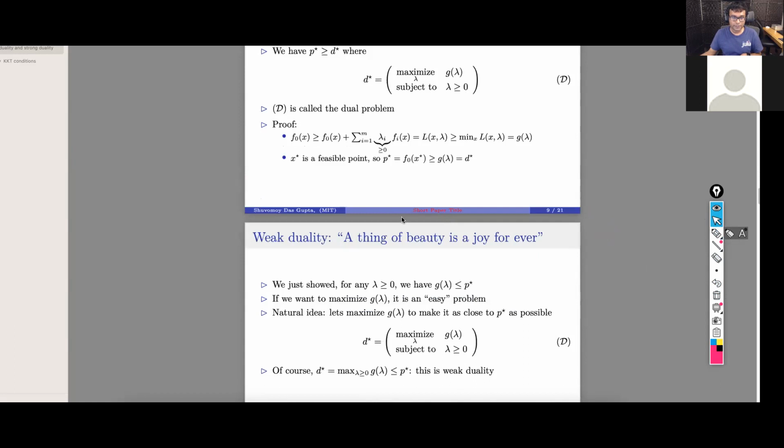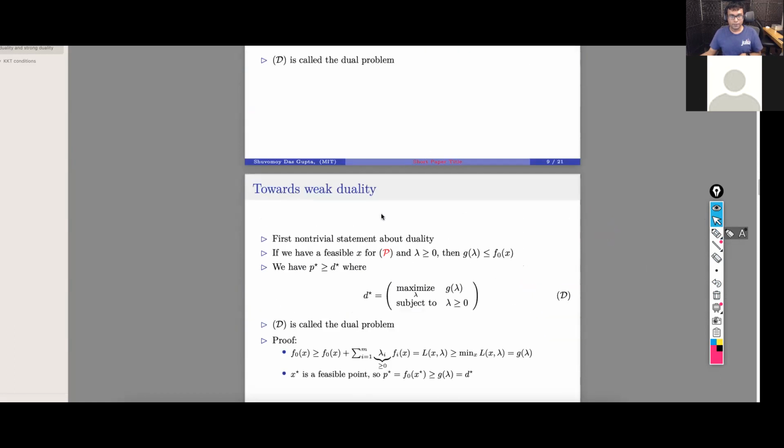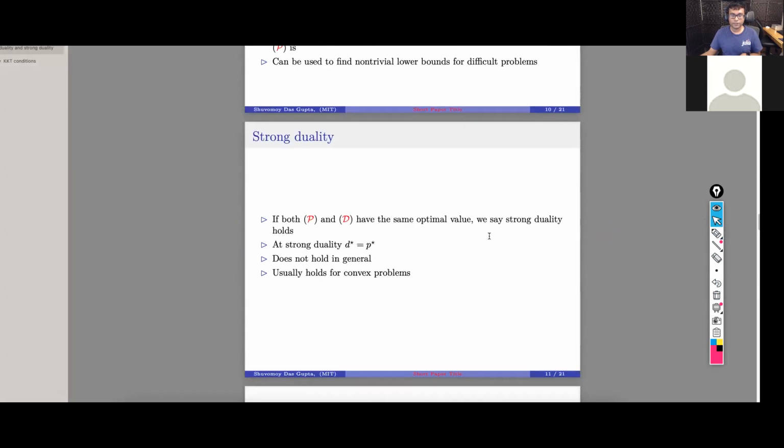And what is strong duality? Strong duality is when both the primal and the dual problem have the same optimal value. We say that strong duality holds, and at strong duality, d star, the optimal value of the dual problem, is equal to p star, the optimal value of the primal problem.